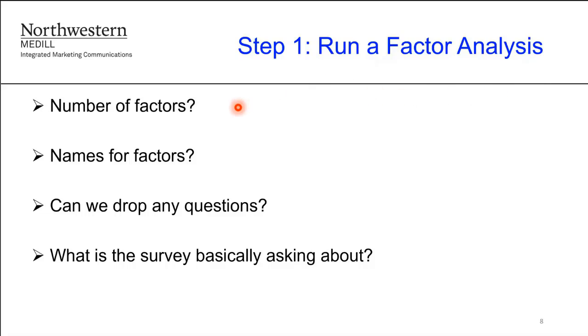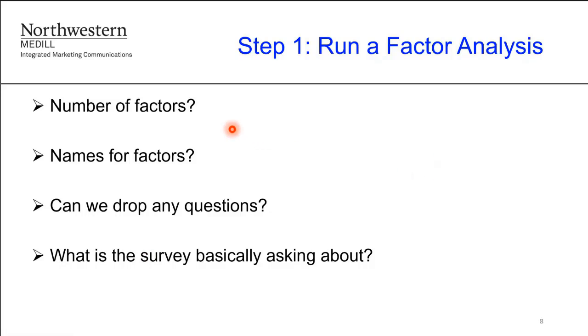What we can do with the factor analysis is decide the number of factors and names for the factors, and we can see if there are any variables we can drop from the survey, and what the survey is basically asking about.